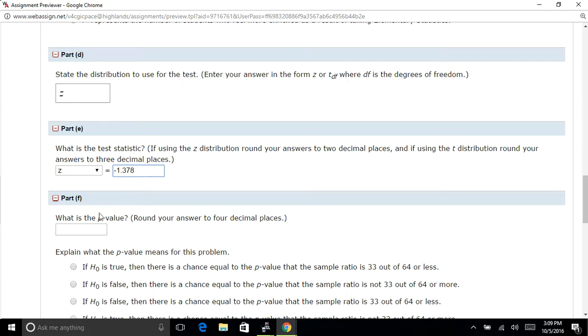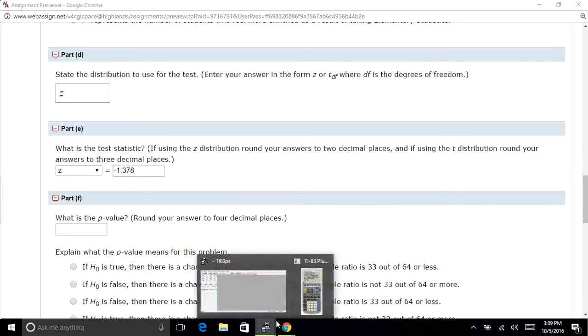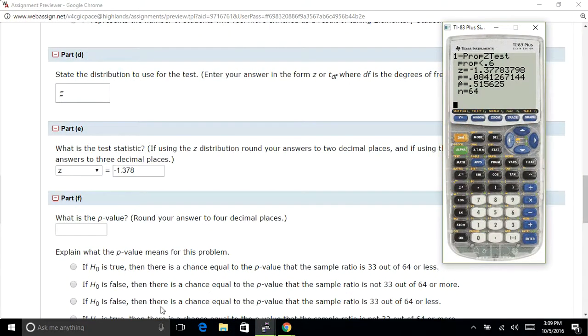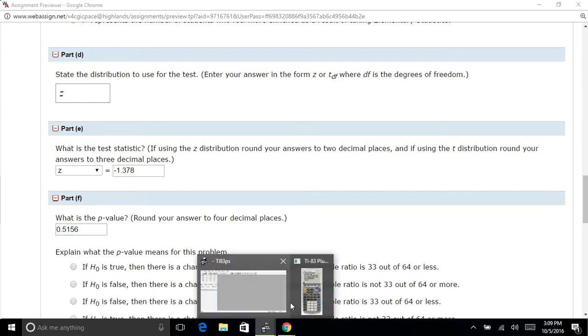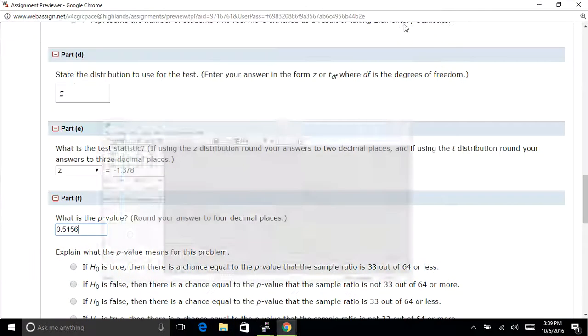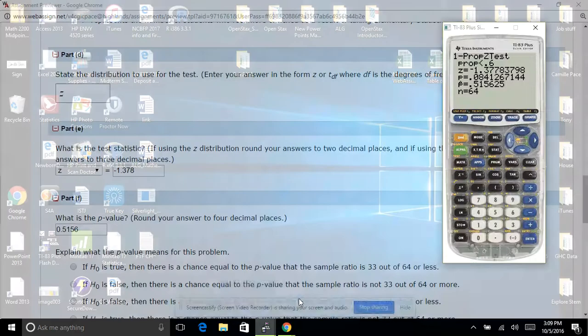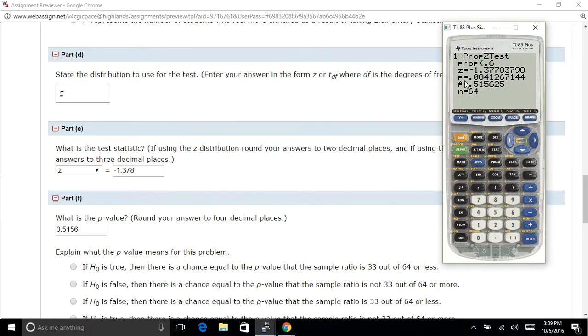And then I need to put my p-value. They want 4 places, so it's 0.0842. Now, where did I get that? The calculator gave me everything I needed right here, z and p. Another check is to look right here: you can see your alternative hypothesis, and there's your n.